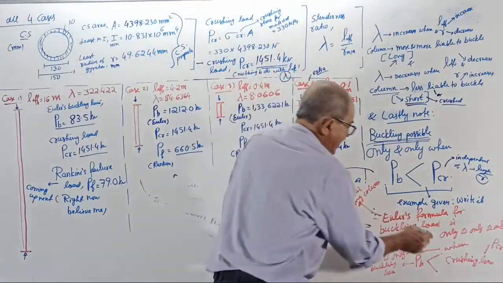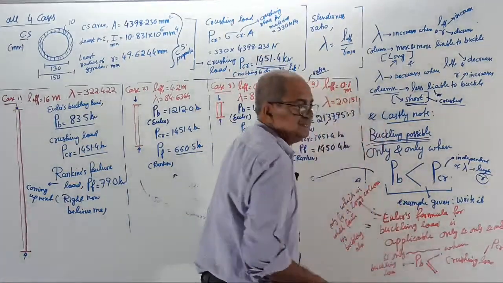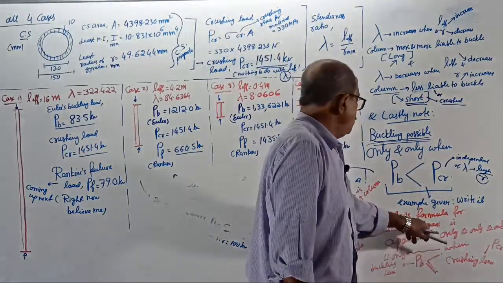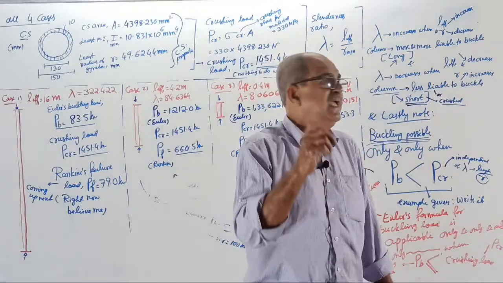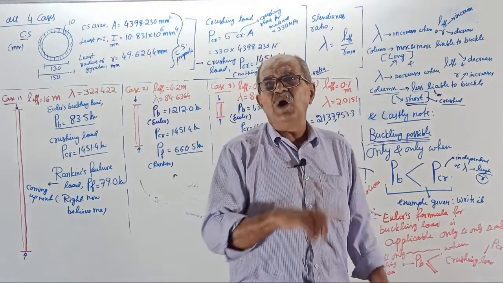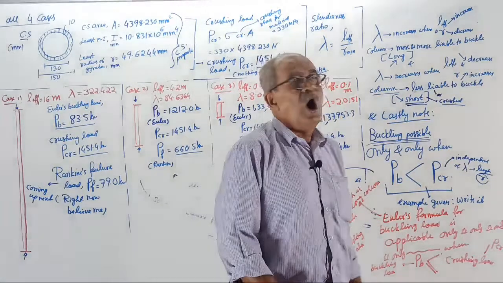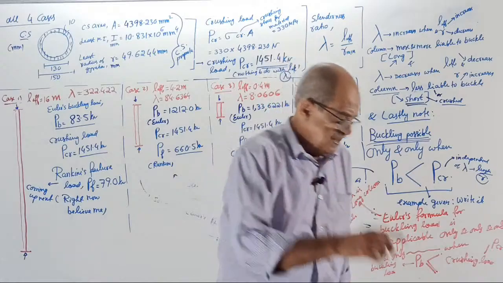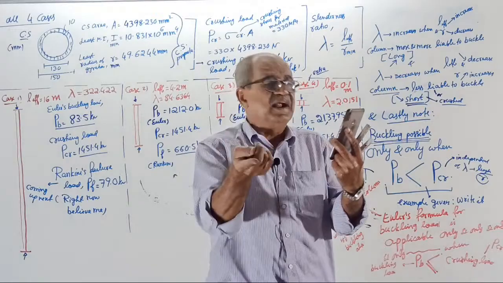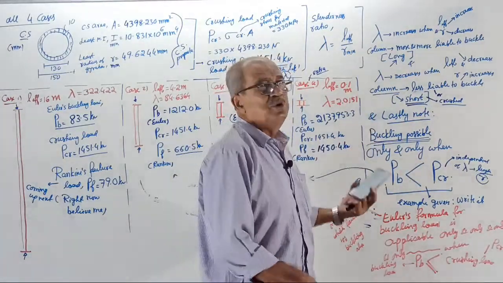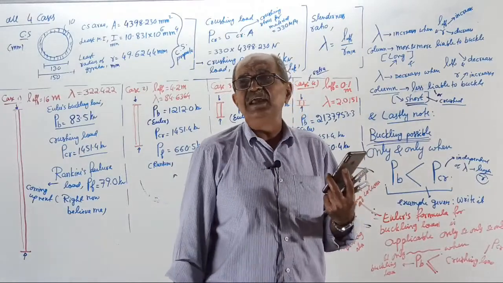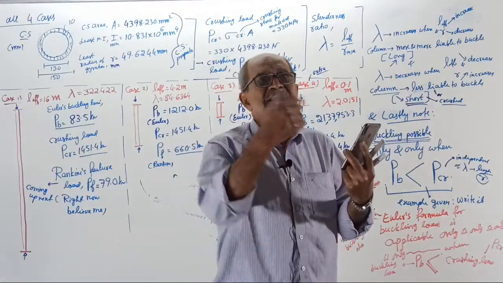Or you can tell either less than or equal, theoretically. But actually equal is wrong. Euler's formula you can apply only when the buckling load is either equal or less than the crushing load. Buckling should not take place after crushing. Clear? You can remember, tire bursting should not take place after the engine is seized.